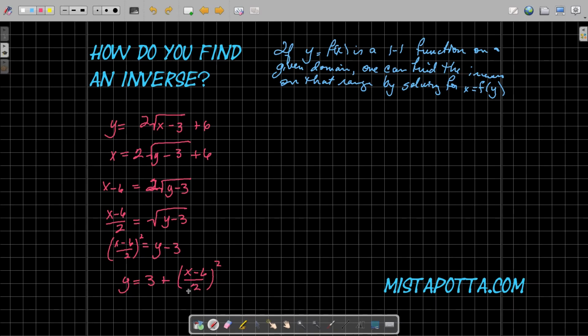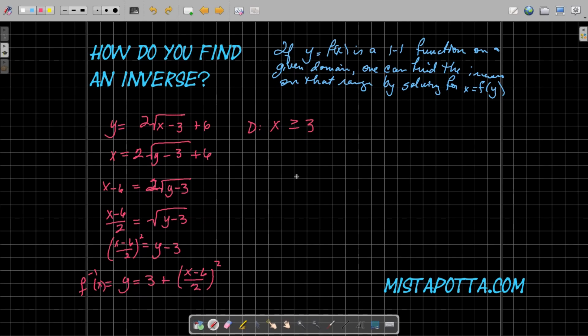And that's going to be my restricted domain. Now keep in mind that my domain has the restriction that x has to be greater than or equal to 3. That comes from this square root part. So I need to find out what my range of this function is going to be, because that's going to be the domain of my inverse function here.